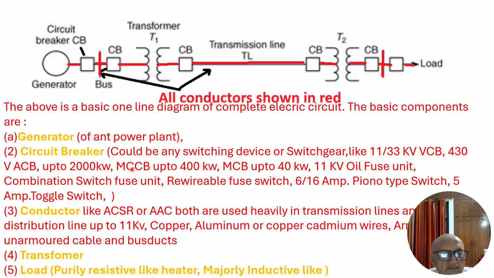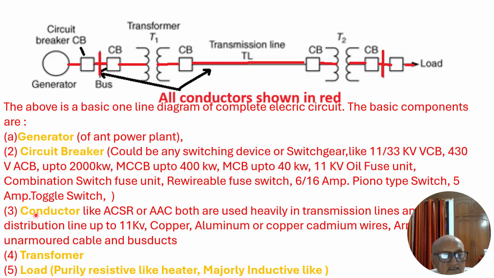Then MCCB molded case circuit breaker up to 400 kilowatt they are available, and MCB up to 40 kilowatt. 11 kV oil fuse switch unit, combination switch fuse unit, reliable fuse switch, 6 by 16 ampere piano type switch, 5 ampere toggle size. All these type of the circuit interrupting devices.